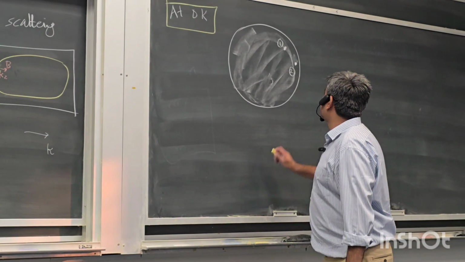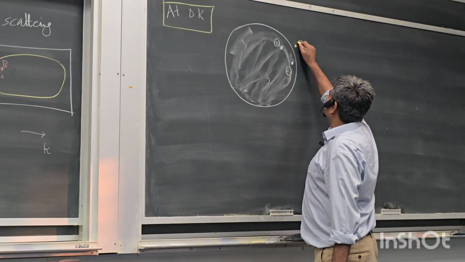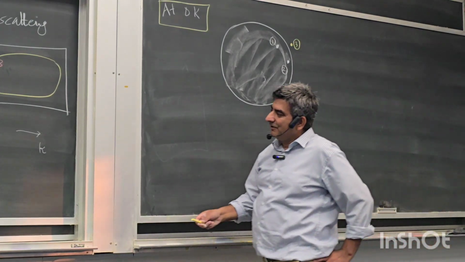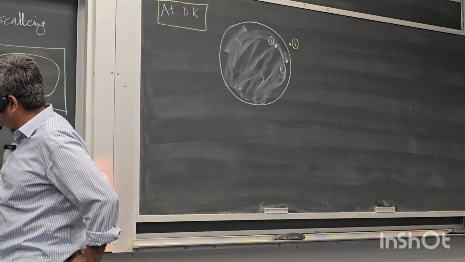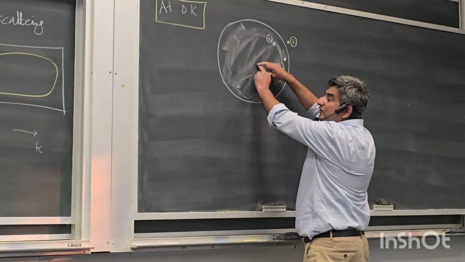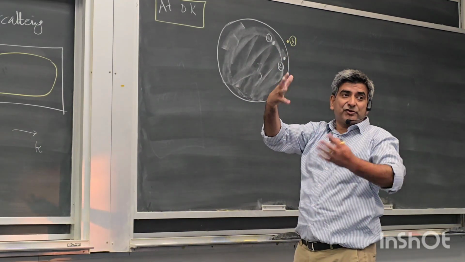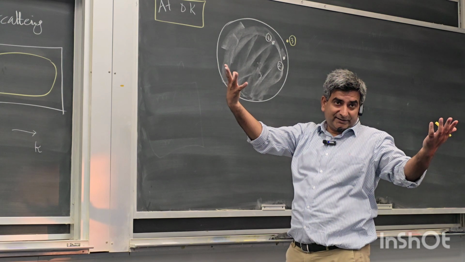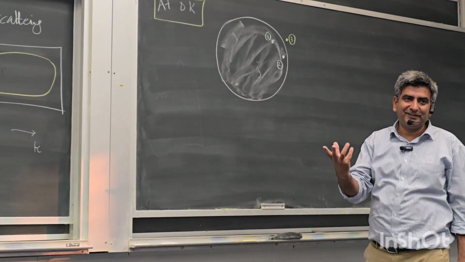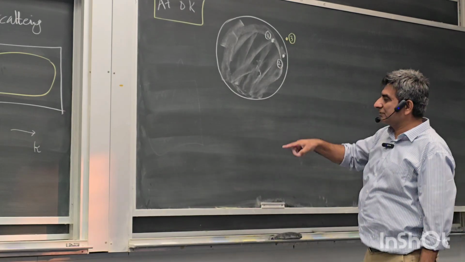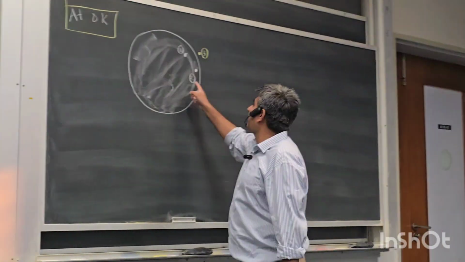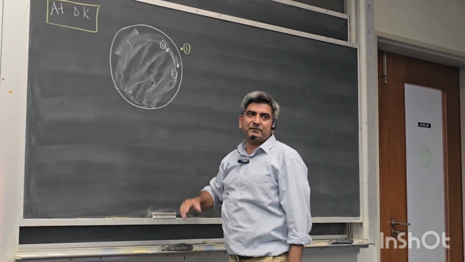If one of the electrons, 3, goes outside, and you want to conserve the energies, which are proportional to the square of the distance from the center of the Fermi sphere, because for free electrons the energy is proportional to k squared, then the fourth electron must have an energy inside the Fermi sphere.